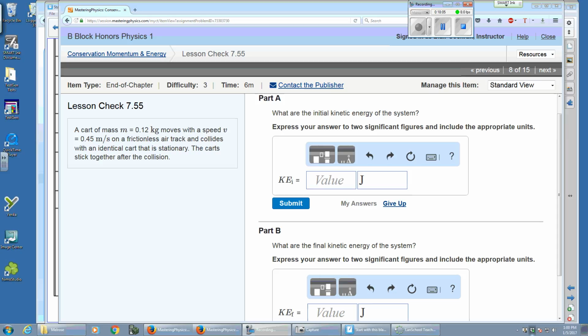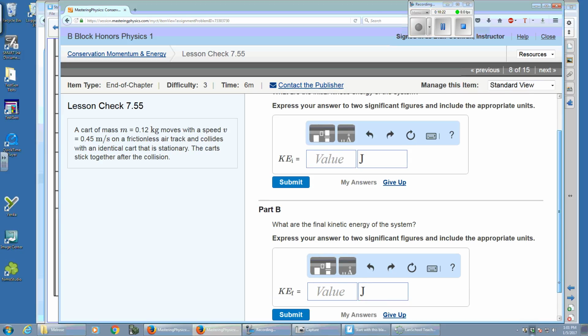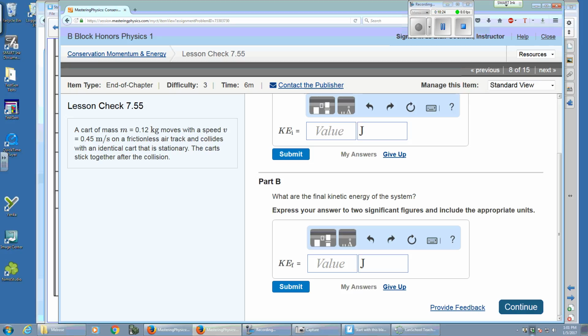So, this is an inelastic collision. I'm assuming part A wasn't that difficult for most people, right? It's all using the kinetic energy formula. But part B kind of stumped you because we know that in an inelastic collision, kinetic energy is not conserved.